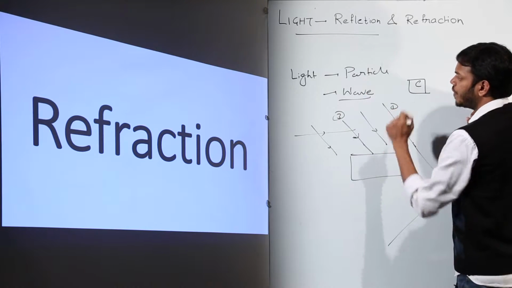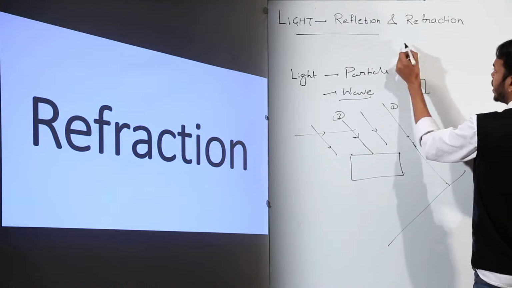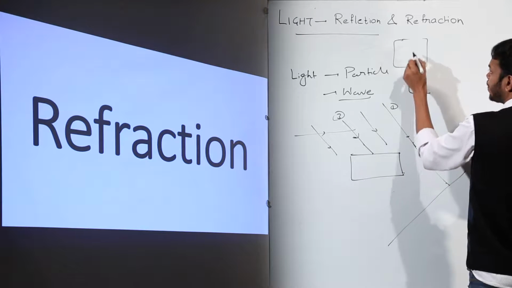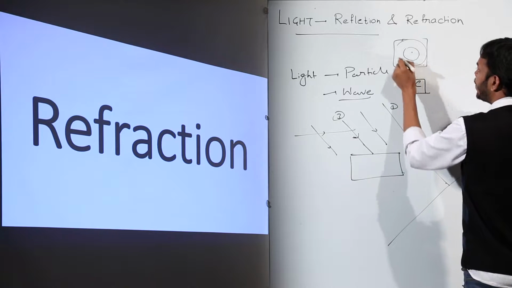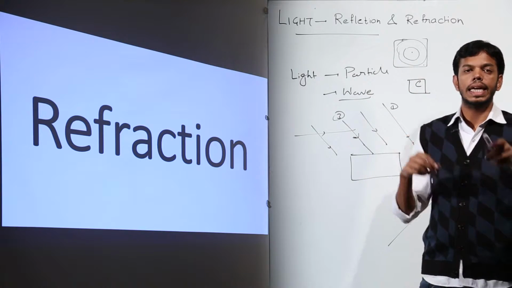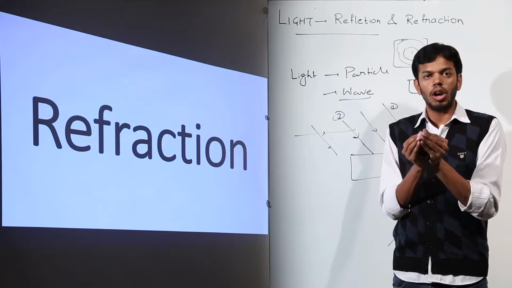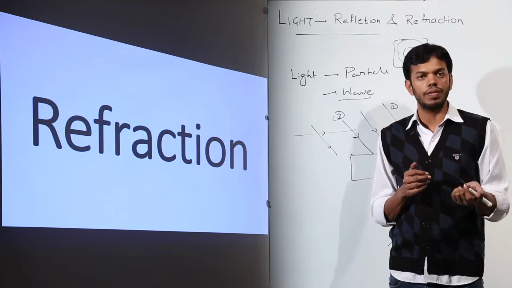But according to wave nature, light travels in the form of a wavefront. Now to understand what a wavefront is, consider a pool of water and here I am dropping pebbles. What will this give? It will give me ripples, right? All of these ripples will expand at a similar pace or at a constant velocity.